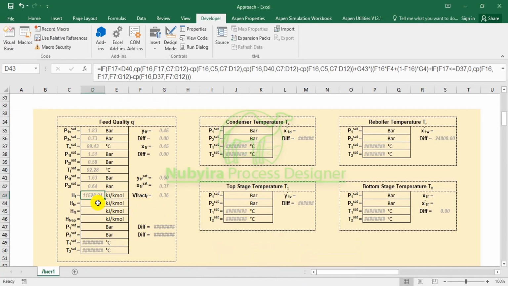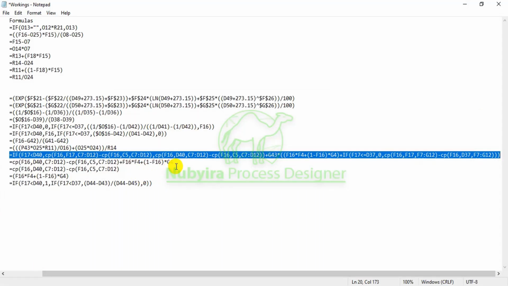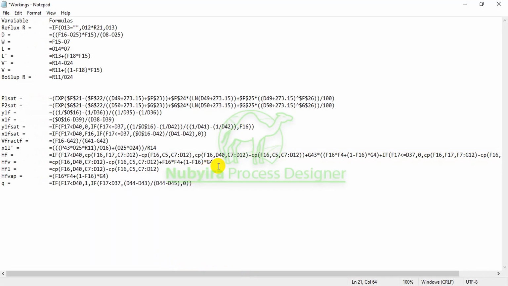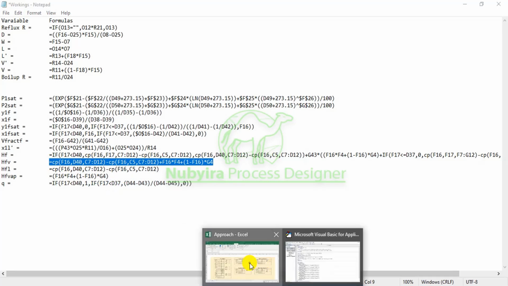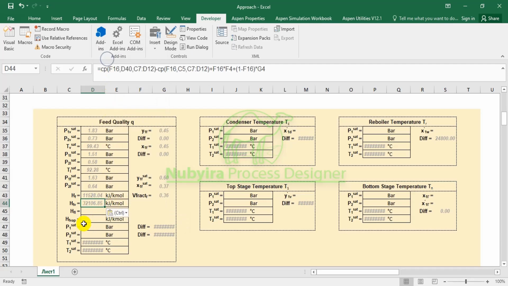So the next thing is for the vapor. Although for this one we are having an if statement. For the enthalpy of the feed we are having an if statement because of the condition, right? This is the same thing as the vapor fraction, or the vapor mole fraction and the liquid mole fraction.